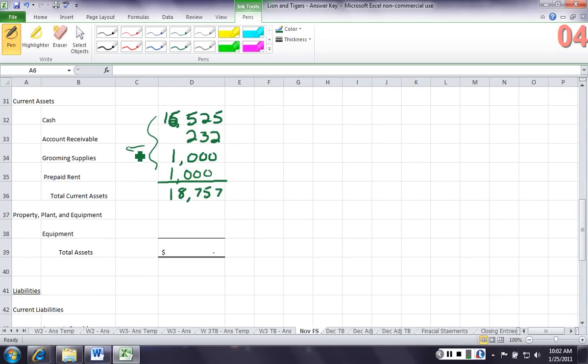Long-term assets and liabilities have different relationships with each other. The only non-current asset we have is property, plant, and equipment, so that's going to be $5,300. We don't need a subtotal because there's only one. That gives me total assets of $24,057.